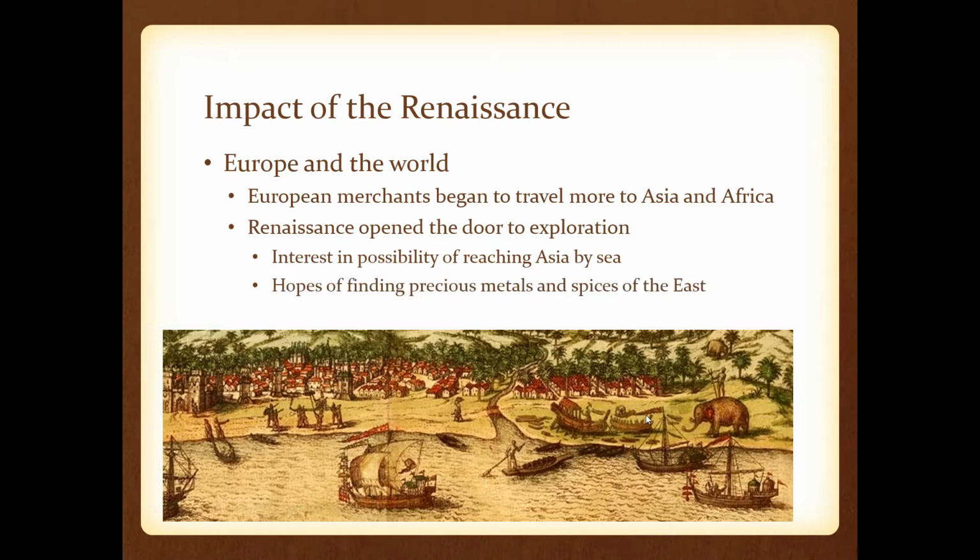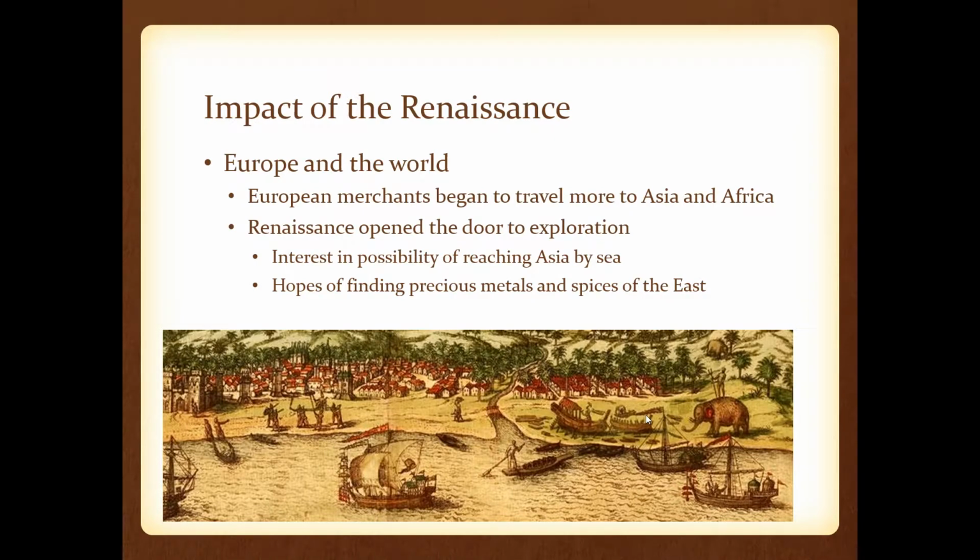They're looking to find precious metals and spices of the East, and so they're looking to make more money and trade even more. This European merchant class has basically opened up Europe to the rest of the world, and they're no longer wanting to pay the middleman, and we'll talk more about that later.